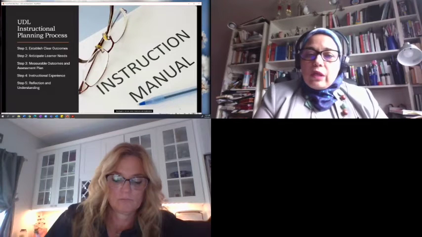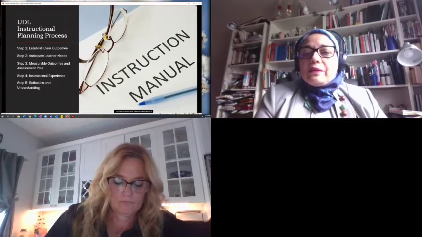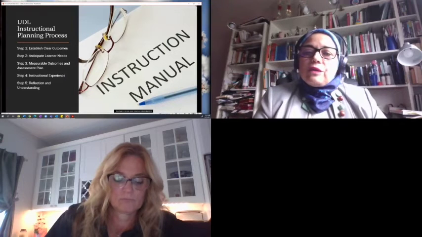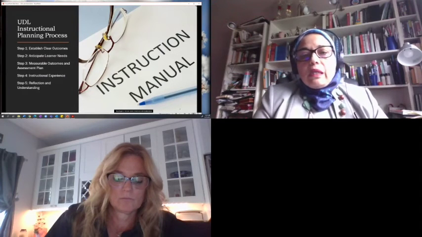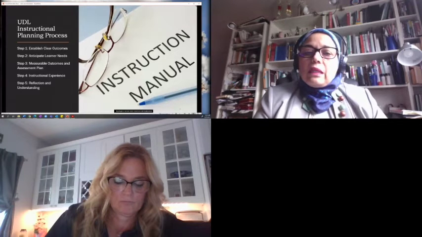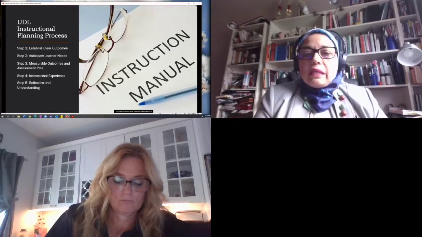As a framework, UDL requires educators to think proactively about the needs of all learners. In consideration of the UDL critical elements, educators implementing the framework should use a backward design instructional process that incorporates the following 5 steps.